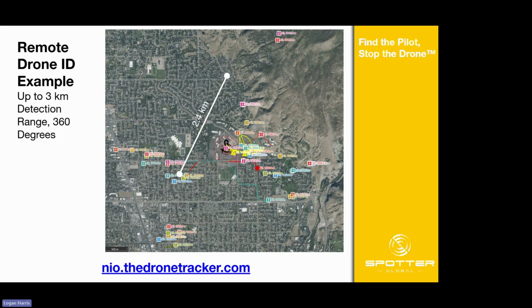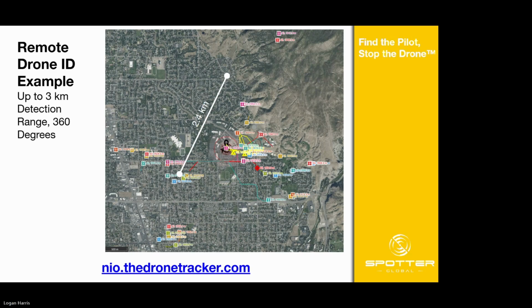So if a drone flies behind a large skyscraper, and that skyscraper is not allowing enough of that energy to pass, then it will disappear. But it's mostly line of sight, and if you're getting above those buildings, both with your sensor as well as the drone, that's where you get the best performance.